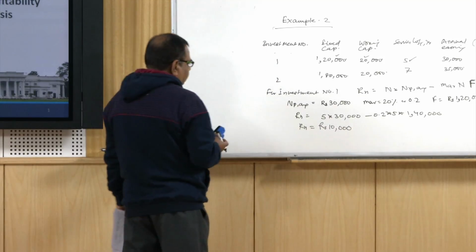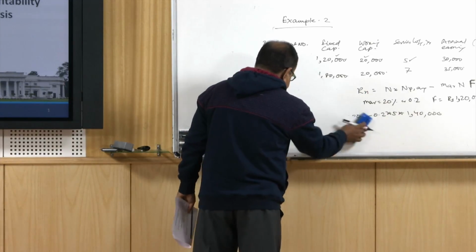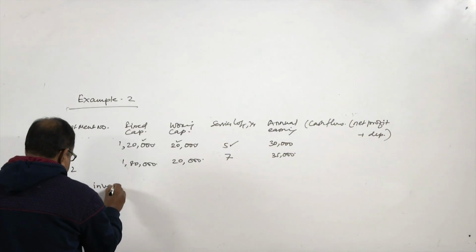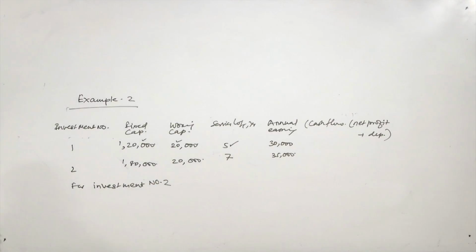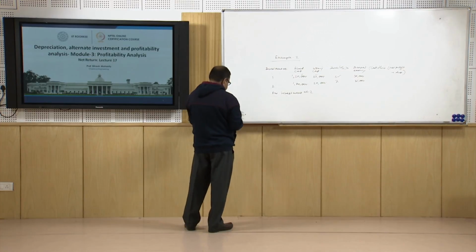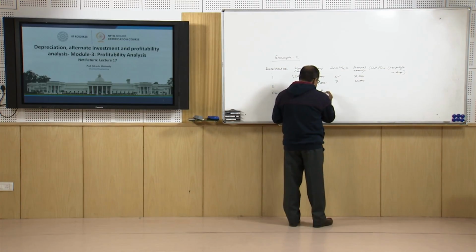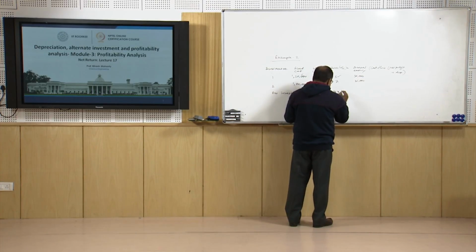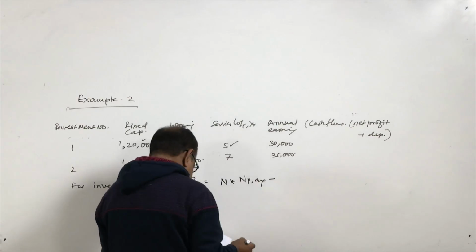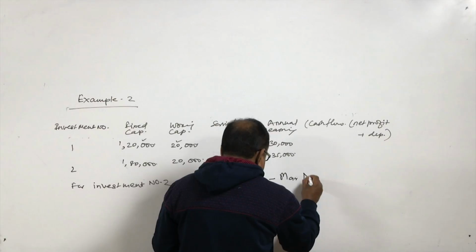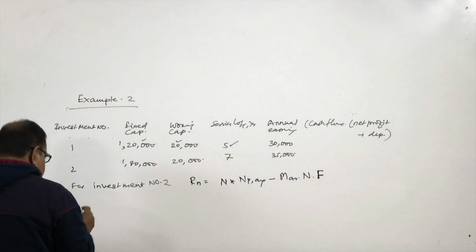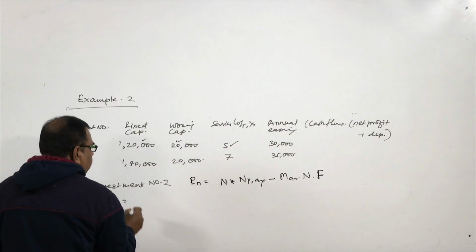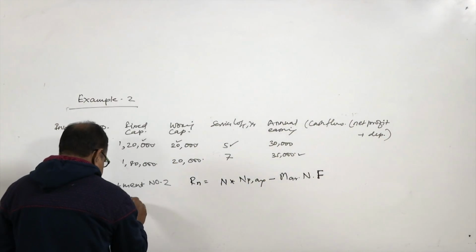Now, if I go for investment number 2, again the same formula, Rn is equal to n into NP average minus MAR into n into F. So, my NP average is equal to 35,000.